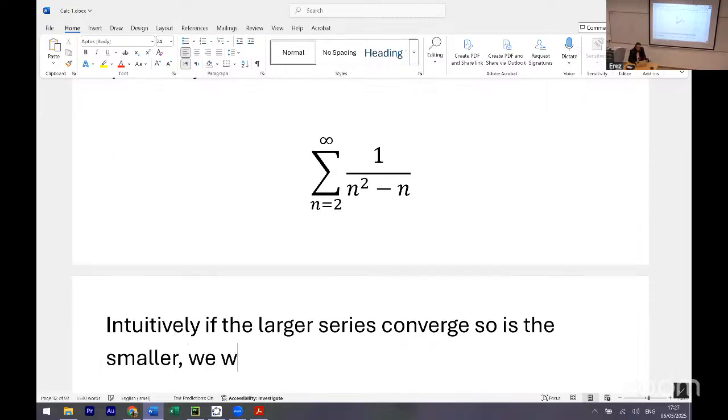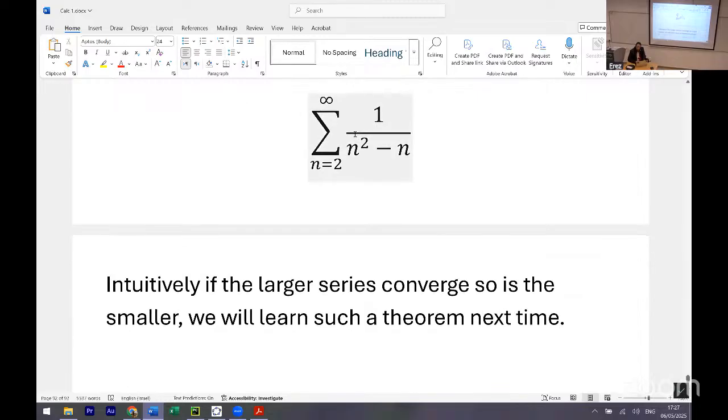We will learn such a theorem next time. But now I wish to calculate this. So first notice the following fact.